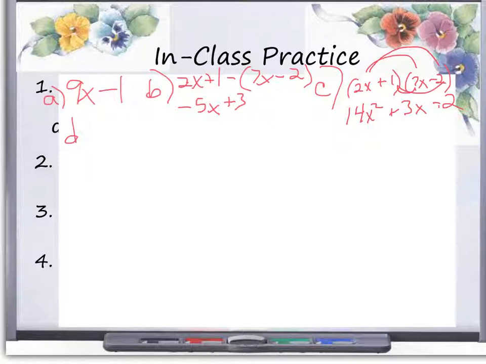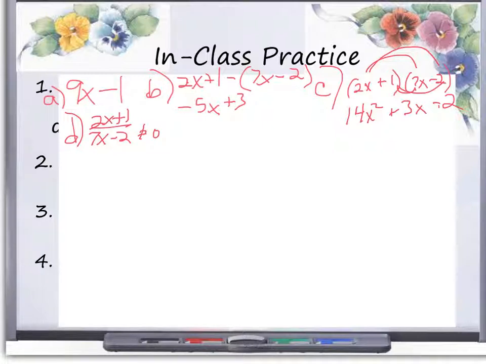D, on the other hand, is divided, so we're going to have to care about the domain. We can't simplify it at all, so it's just 2x plus 1 over 7x minus 2. That's D. But then it asks for the domain of D. Well, that means I cannot have the denominator equal to 0.